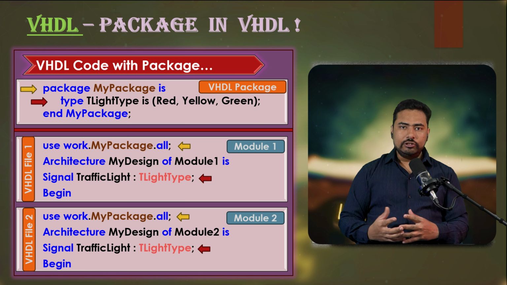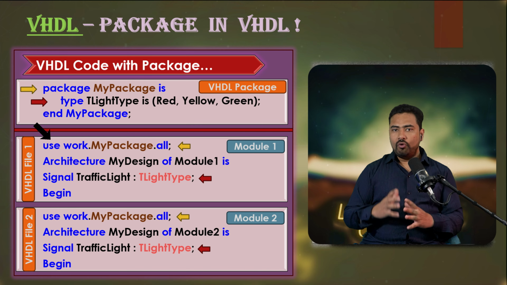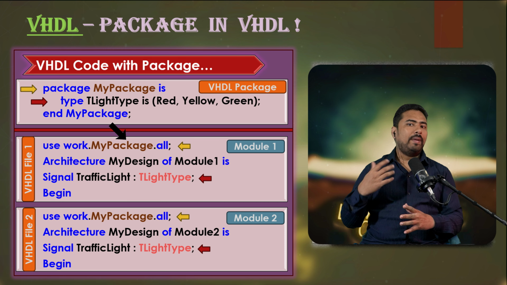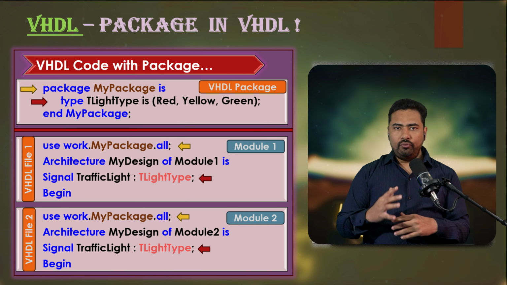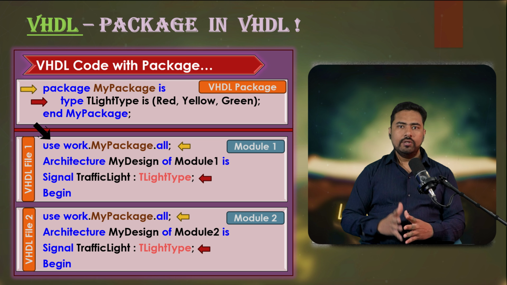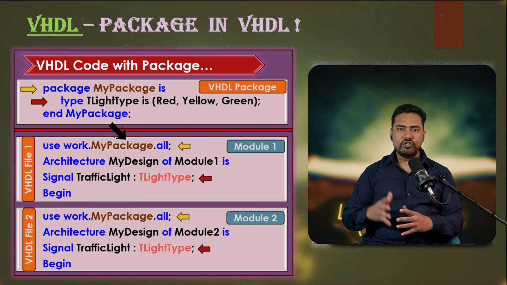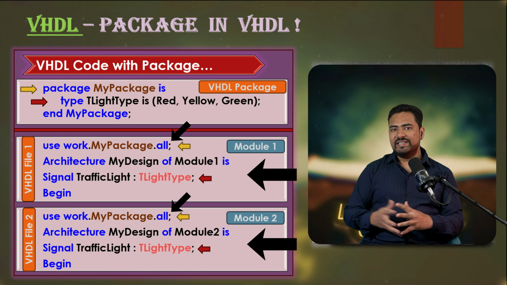To declare a package in your VHDL designs, we need to use the keyword use followed by the library name dot, then write the package name dot all semicolon. So we use the keyword use to declare this package. As you can see here, we have written use work dot my package dot all semicolon. We have written this in both of these VHDL files as you can see.